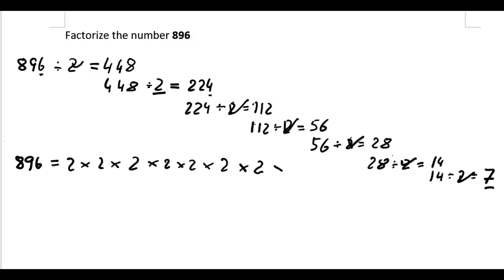And the last number we have is the 7. So we multiply 7 times 2, 1, 2, 3, 4, 5, 6, 7 times 2. Or we can also write this as 2 to the power of 7 times 7.